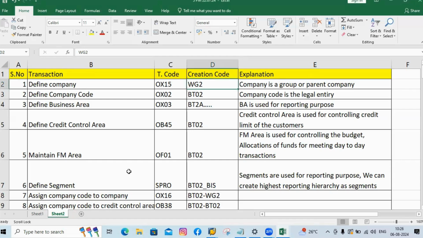So next question. What is the use of fiscal year variant? It is used to select the financial year. Okay. What is the use of calendar year checkbox?